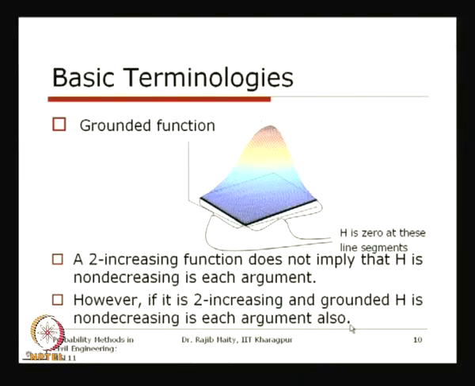Which is obvious, because their marginals are also CDFs, which are non-decreasing, so their joint function, that is the copula function, should be 2-increasing as well as grounded.